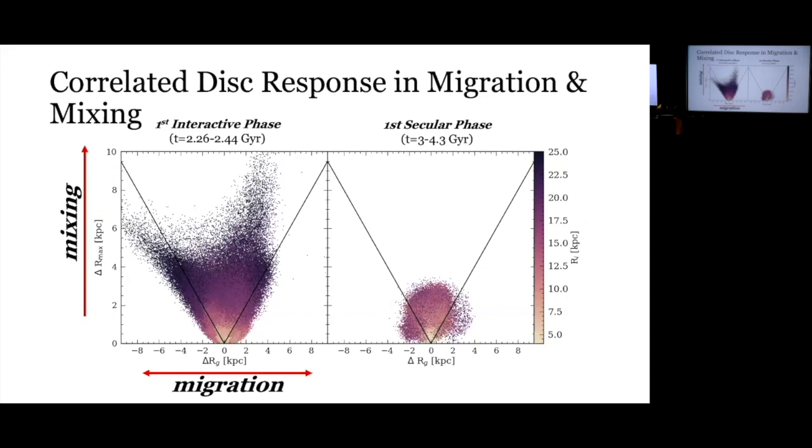What is quite apparent here is that during the encounter, Sagittarius seems to produce a correlated response in the disk between the migration and the mixing of stars, which isn't seen broadly systematically in the secular phase. And it doesn't really seem to have a strong dependence on where you are on the disk, like what we see during the encounter.